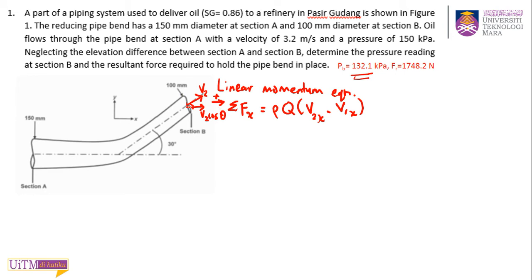And you have your vertical component, V2 sin theta. Remember to label these components, so that when you put in your equation, you know whether it's minus or positive.